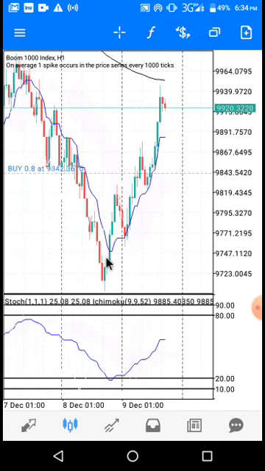So for small accounts, if you want to be consistently profitable in this market, don't scalp. Think long term. Add these three key elements that I've shown you about how to trade the market profitably, or use any strategy that I've shared with you, and you're going to see that your trading will be successful. You will not lose money.